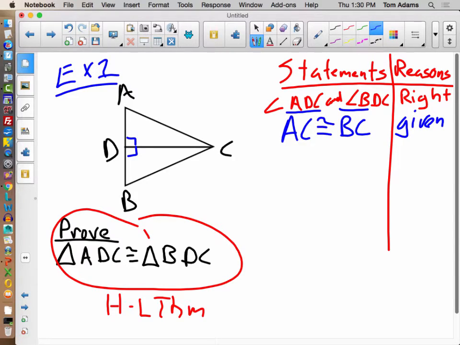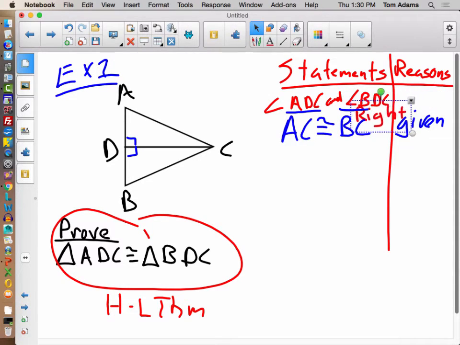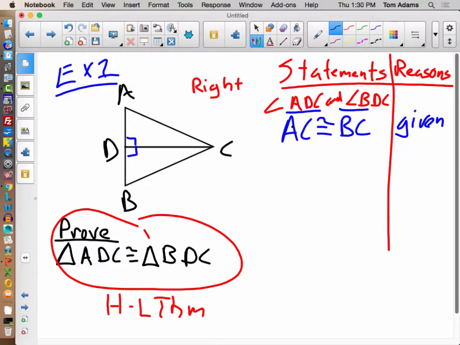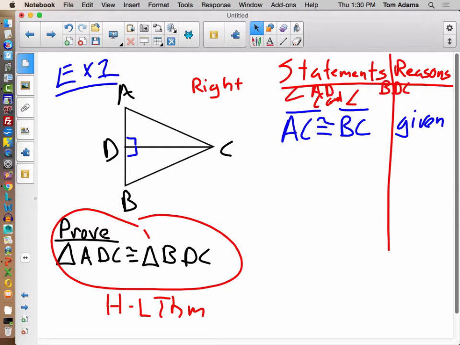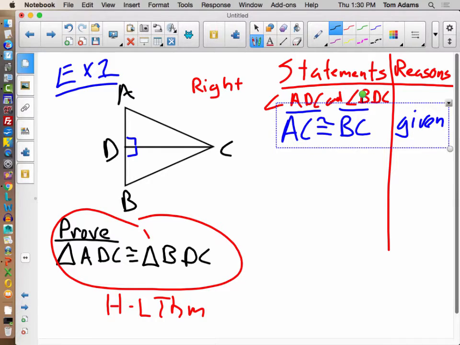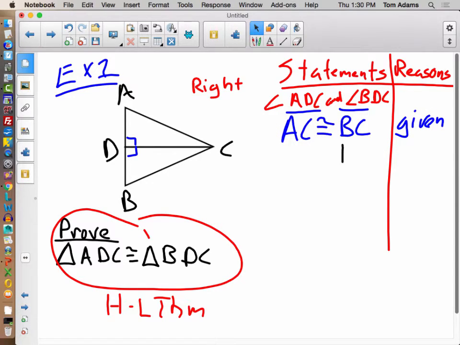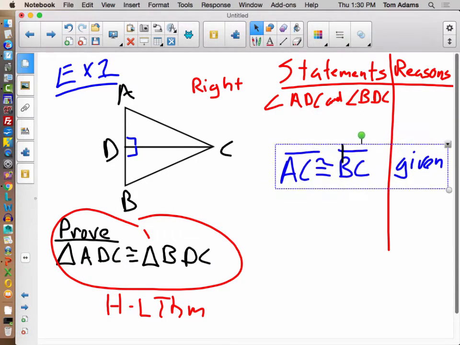I wrote right triangles. Actually, I wrote that in the wrong spot. Let me move that down a little bit.